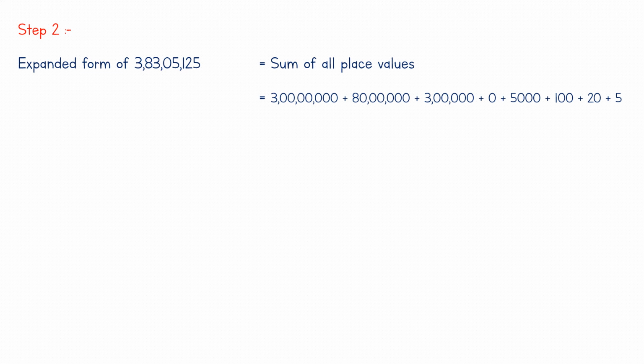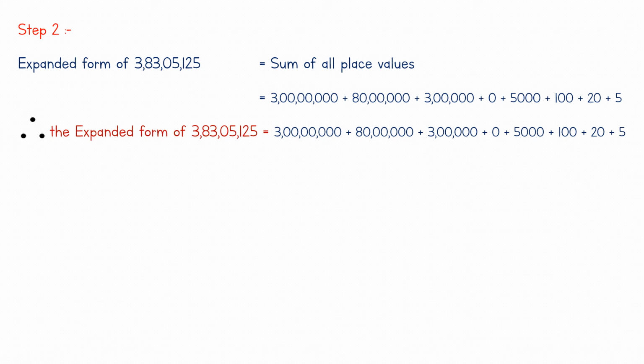So ఈ number ki expanded form. Therefore, the expanded form of 3 crores 83 lakhs 5125 is 3 crores plus 80 lakhs plus 3 lakhs plus 0 plus 5000 plus 100 plus 20 plus 5.